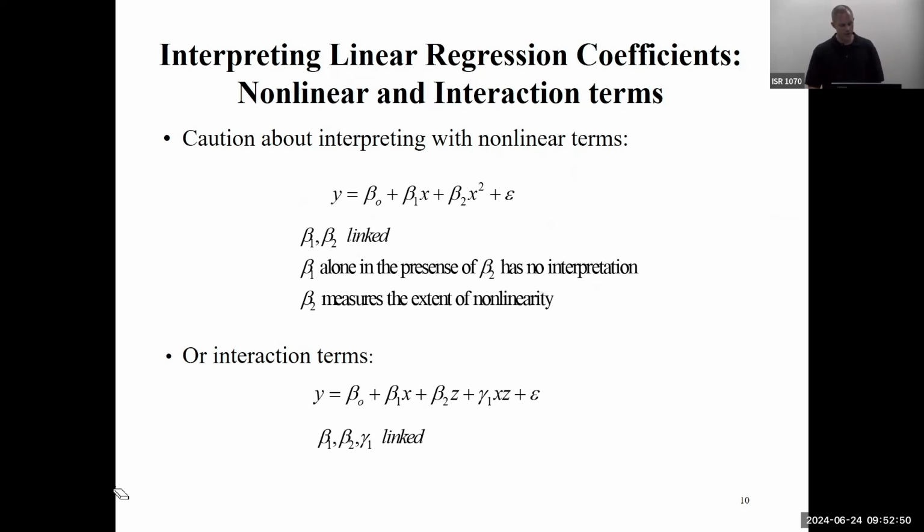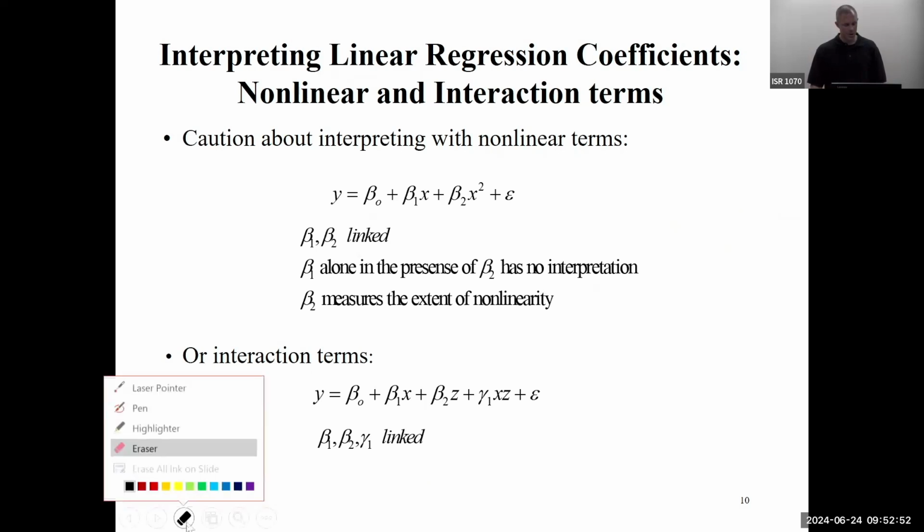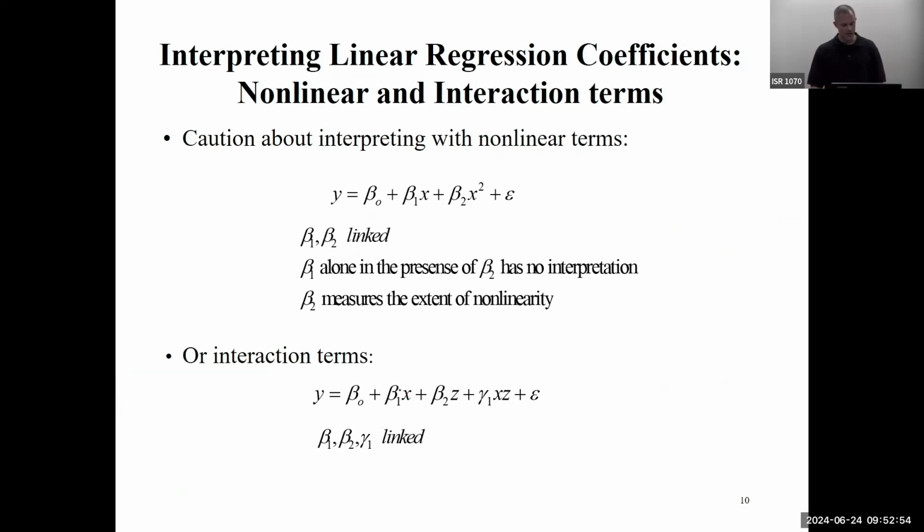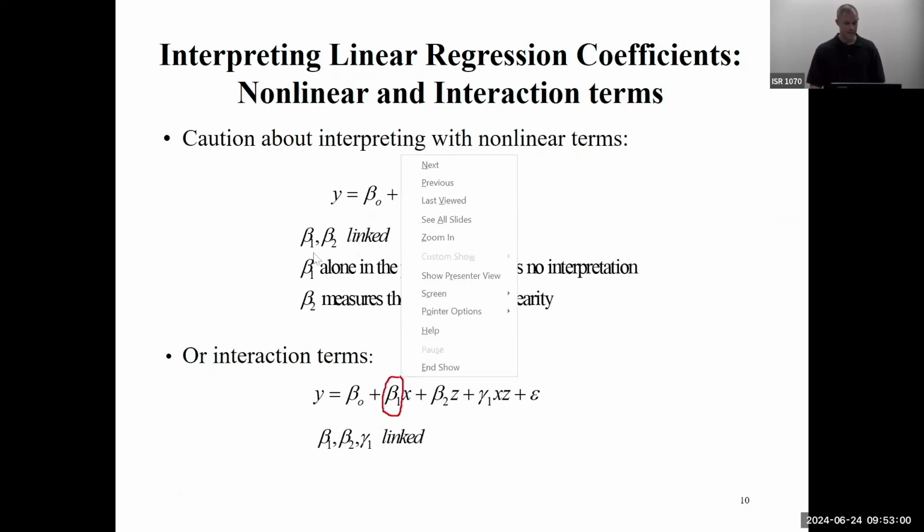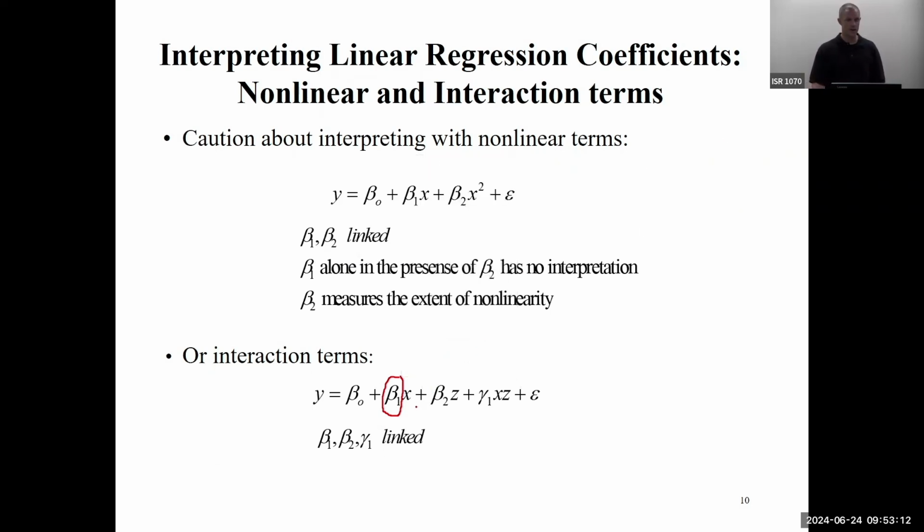So another very, very common mistake that people make when looking at models that include interactions is to call beta 1 the main effect of x. It's not. Okay? There is no main effect of x or main effect of z in this model. Why? Because think about the interpretation of beta 1 in this context.